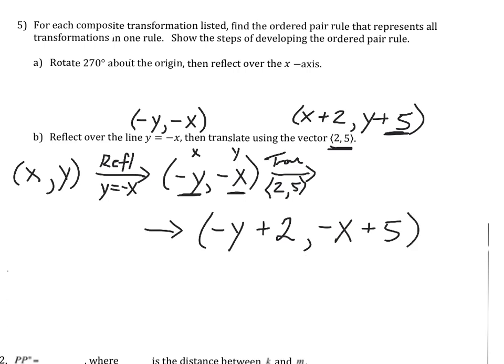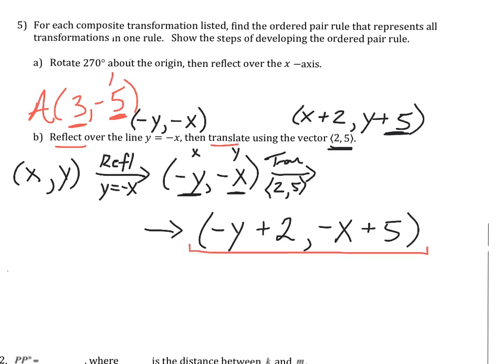So in this case, if I take any point that I want on the graph, let's say A, which was at (3, negative 5), and I want to reflect it over this line and translate it using that vector, all I have to do is plug these points into my final rule down here. So your negative 5, this is your y. That would be plugged in here.